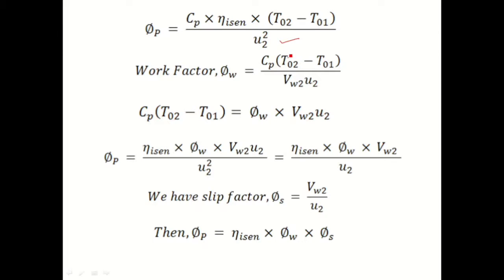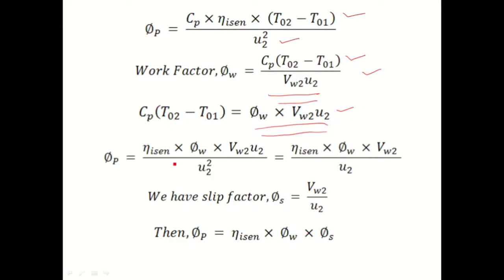The only change is at the denominator. We also know that work factor is defined as Cp into T02 minus T01 divided by VW2 into U2. So we replace T02 minus T01 with the work factor term: Cp into T02 minus T01 is equal to phi W into VW2 into U2.